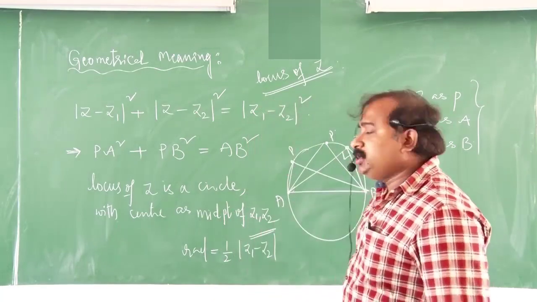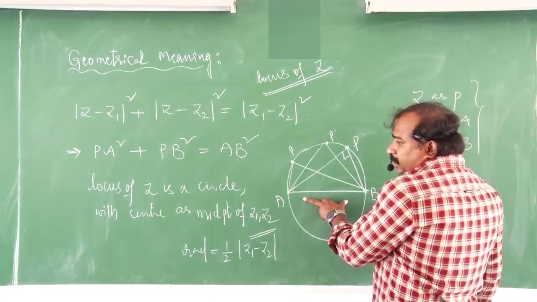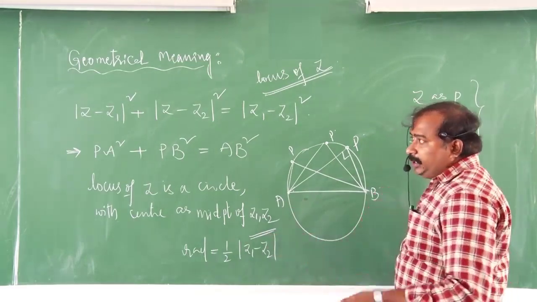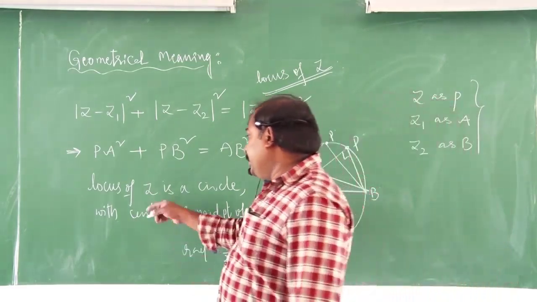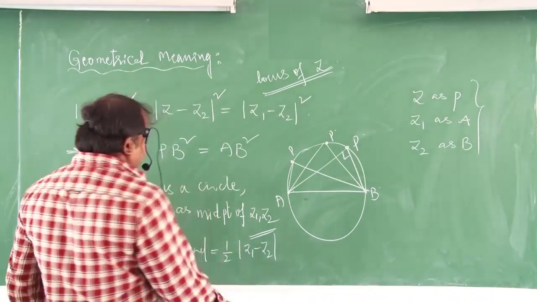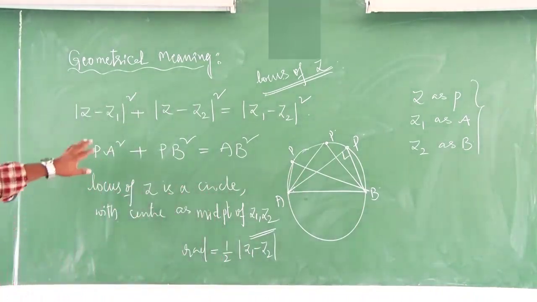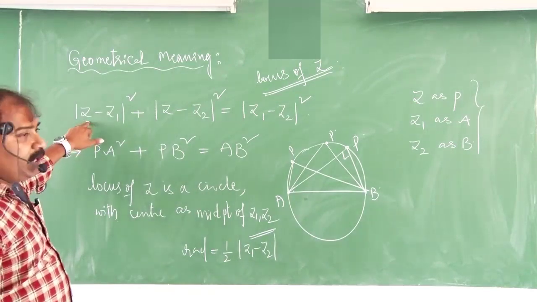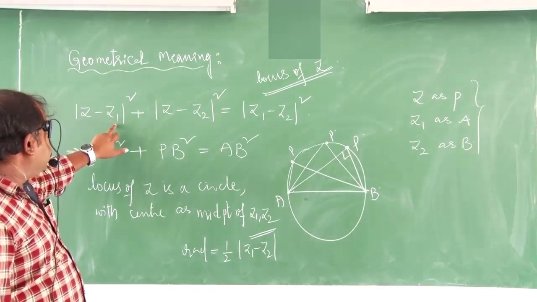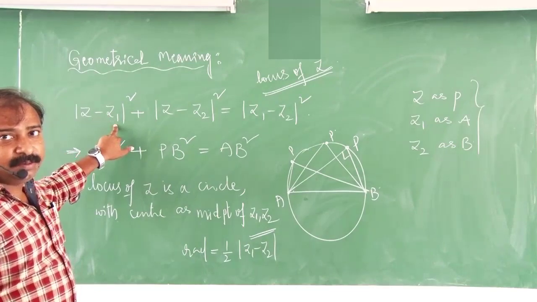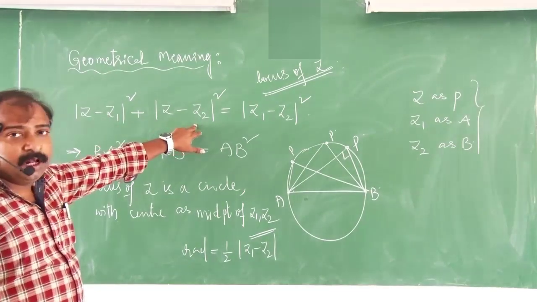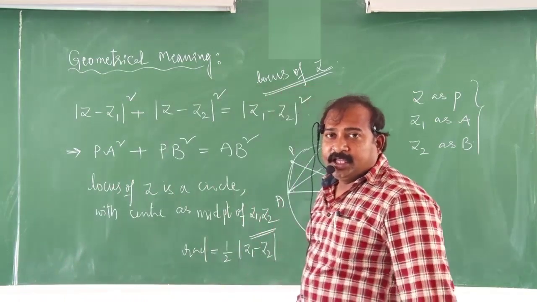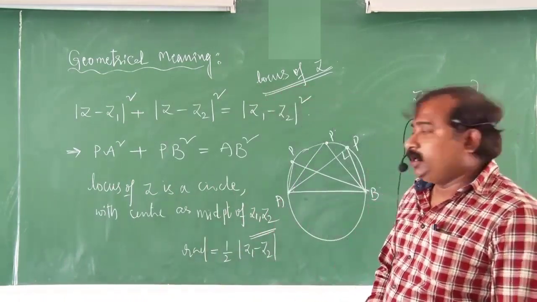Z1 minus Z2 means the distance between the points AB, by half, means radius of the circle you got, and in this case the locus of Z is nothing but this one. Otherwise directly you may simplify by taking Z value as x plus iy, Z1 value as x1 plus iy1, Z2 value as x2 plus iy2. If you simplify, automatically you will get the equation also. Okay, next.